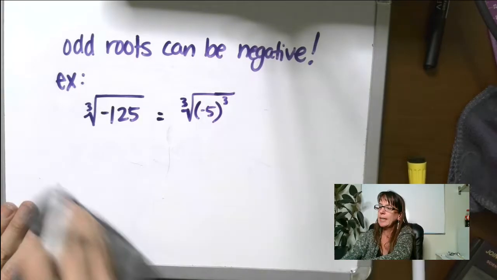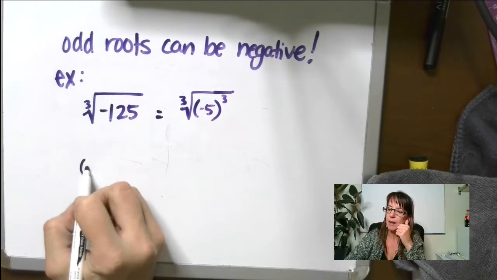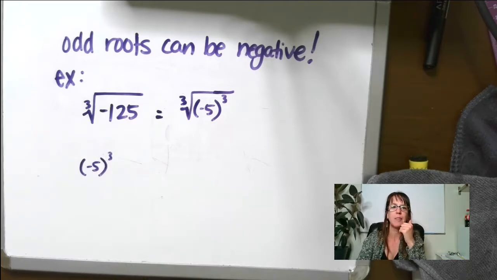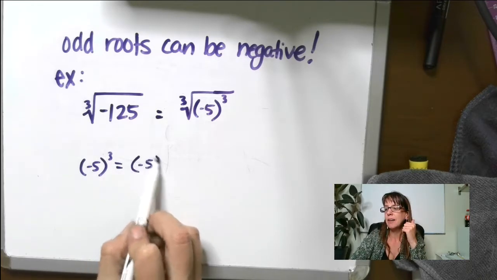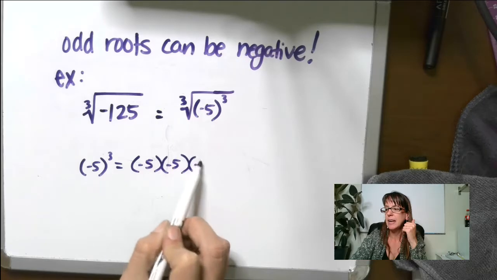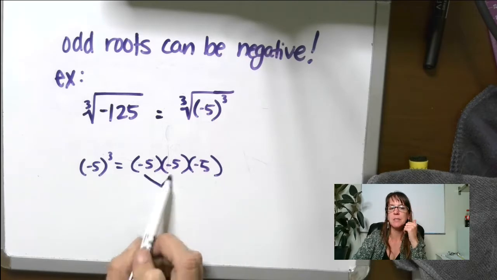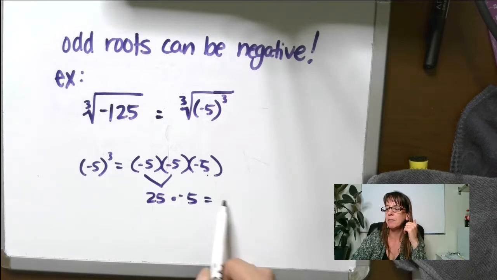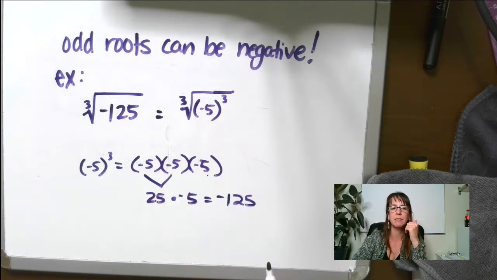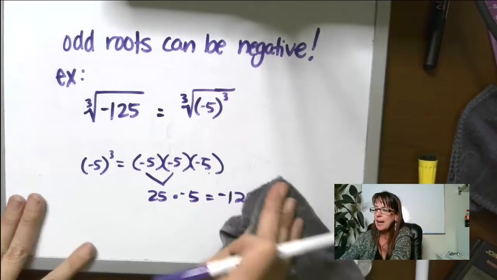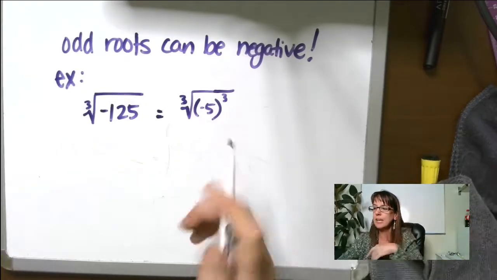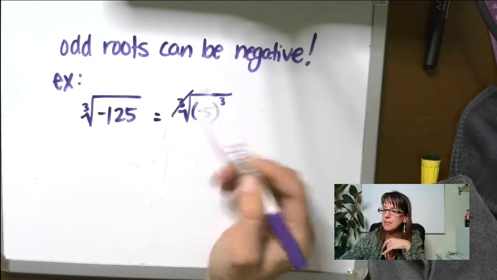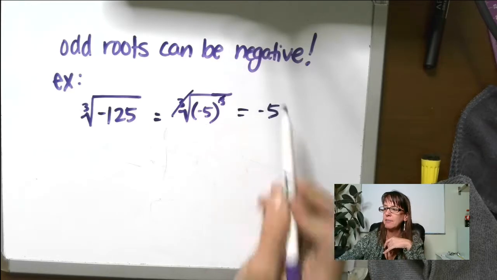So if I had negative 5 to the third power, that would be negative 5, negative 5, negative 5. Negative 5 times negative 5 is positive 25, times negative 5 would give me negative 125, okay? So if I have an odd root, it can be a negative, because now this cancels out with this, and I have negative 5.